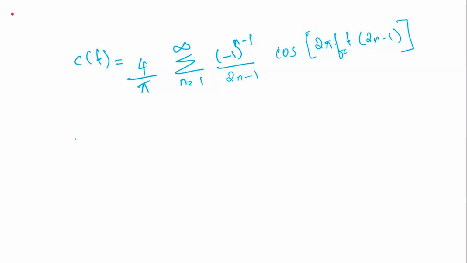And the ring modulator output s(t) will be c(t) into m(t).